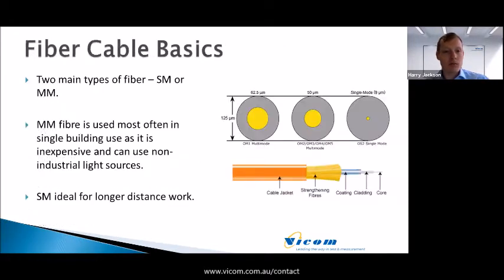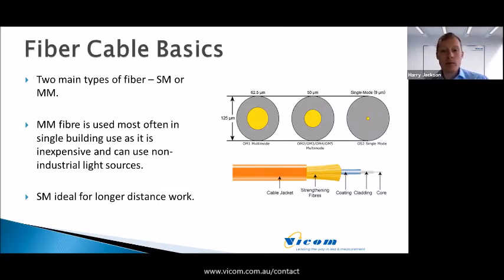Fiber cable basics. For today's webinar, just be aware that there are two main types, single mode and multi-mode. Single mode has a much smaller core diameter than multi-mode, which has a much larger core diameter. Single mode is much better at carrying data over longer distances, as opposed to multi-mode, which is more typically used on shorter runs. Why would people use multi-mode over single mode?